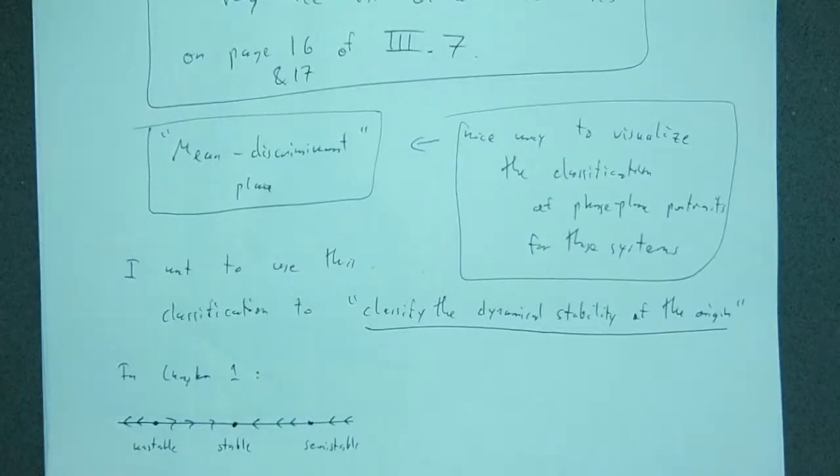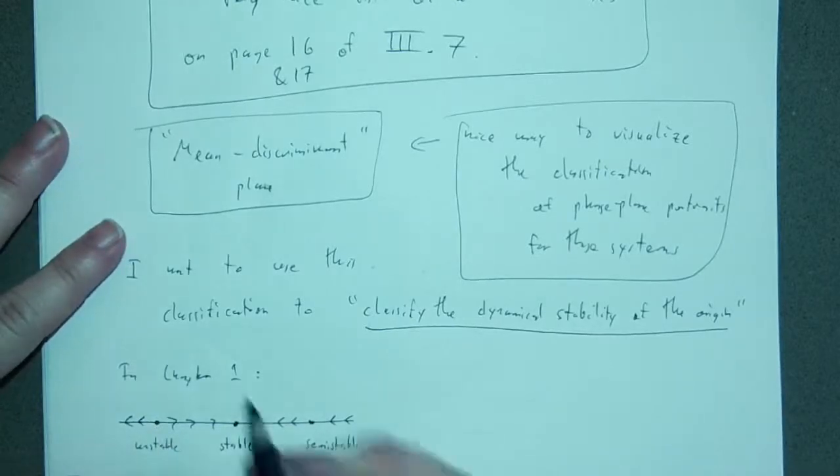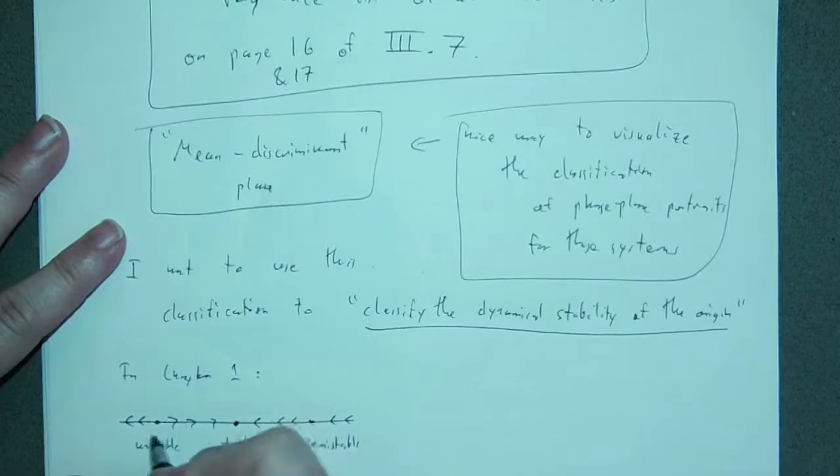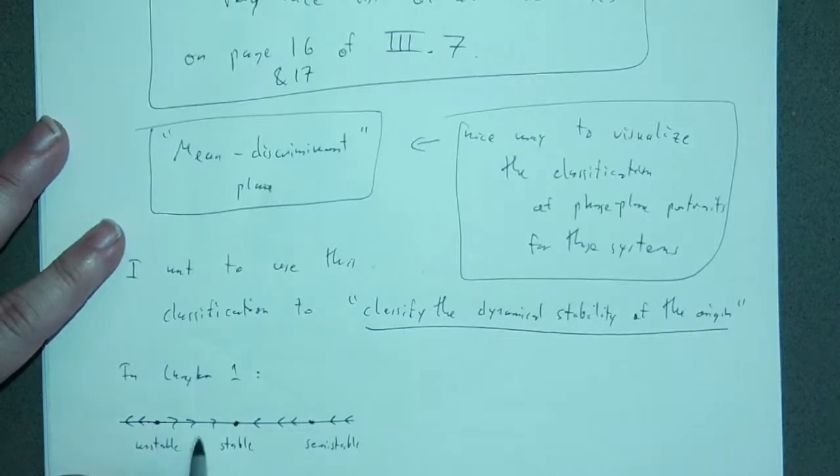And remember, my justification for why we would care about this was that something unstable took points nearby. If you chose initial values that were nearby, no matter how close they were to this stationary point that's not moving, they were being pushed away. As t goes to infinity, they're pushed away, pushed away, pushed away. That's why it's unstable. No matter how close I get to this thing, I'm being pushed away.